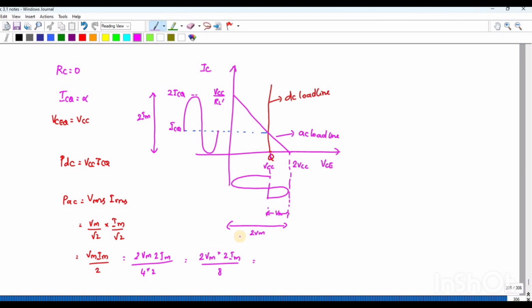So 2 VM I can write as Vmax minus Vmin, and similarly 2 IM I can write as Imax minus Imin, divided by 8.